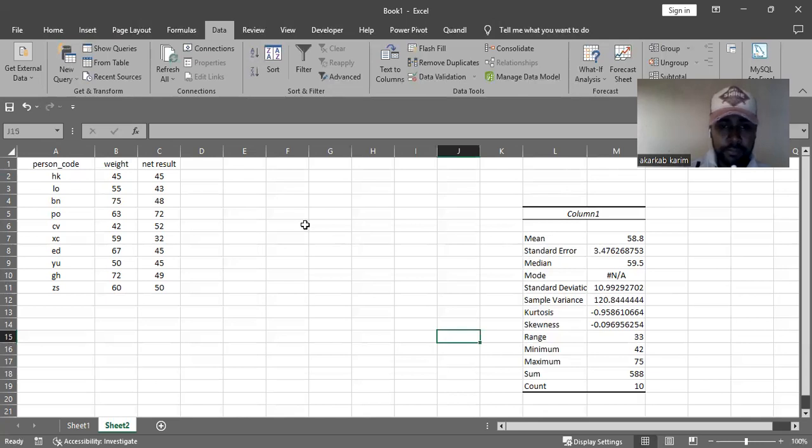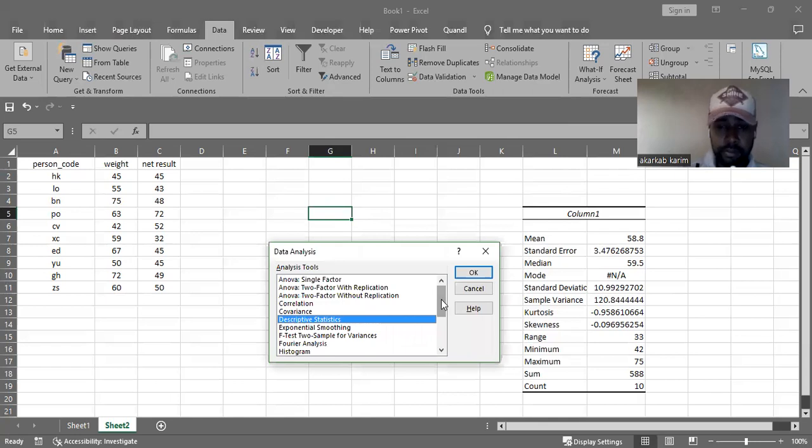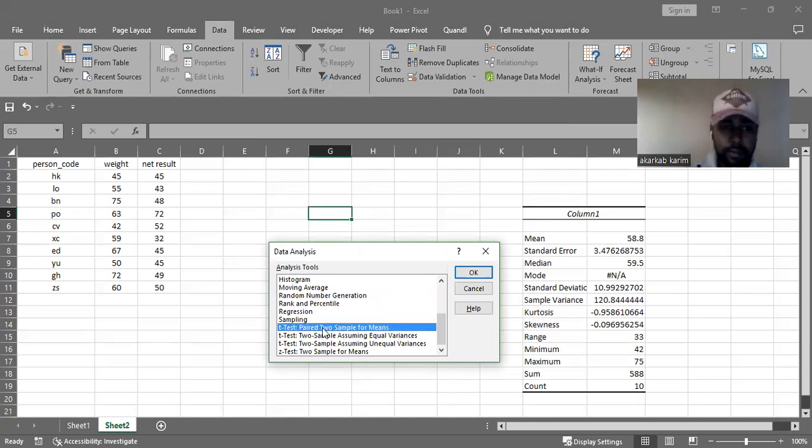On the other side, we can also calculate the p-value by clicking again on this Data Analysis tool. Here we go to this test, because we don't have the average or the standard deviation of the population. So we choose this test, t-test two-sample. We click OK.